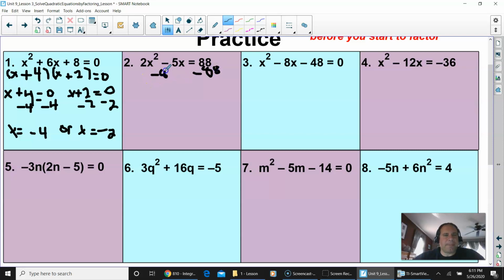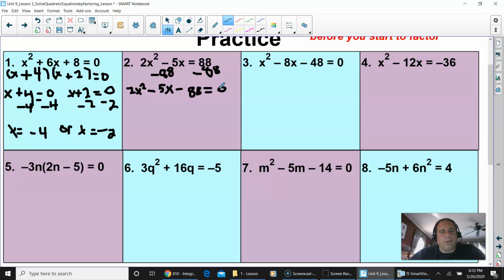Remember, if you subtract 88 on both sides, there are no like terms on that left-hand side that you could combine 88 with. So what you do is you write down in standard form 2x squared minus 5x minus 88 equals, of course, 0. And you are ready to go with looking for factors.